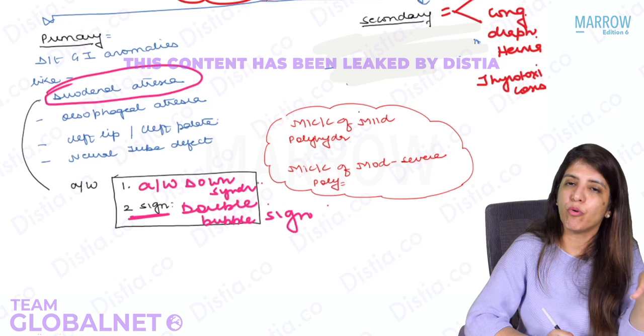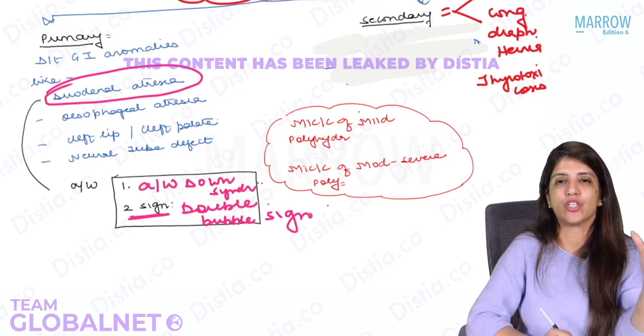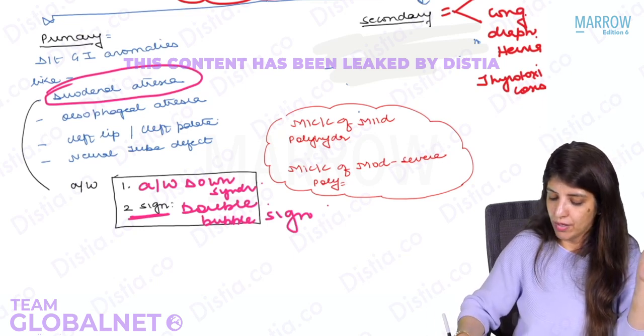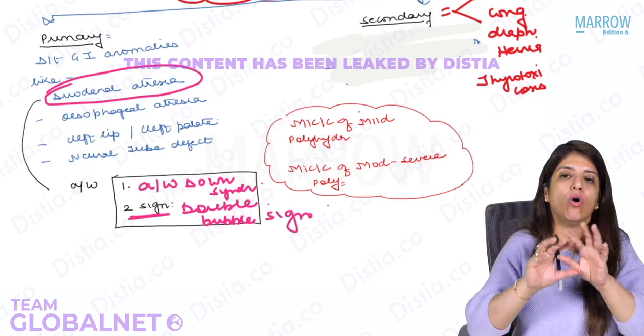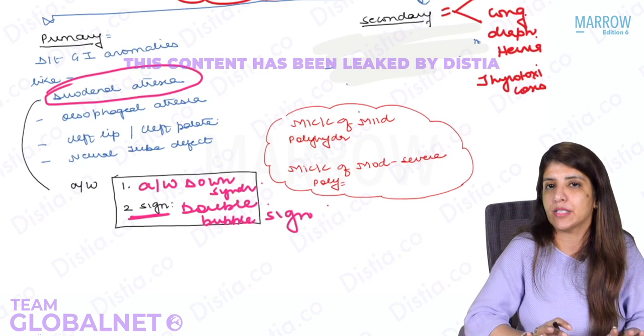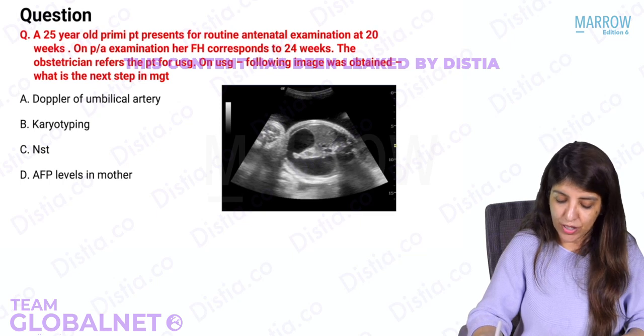Now, these 3 points can be twisted in the form of a clinical based question and they can ask you. So let me ask you a clinical based question where all these points have been combined together and a clinical vignette has been made. There is a 25-year-old primary patient who is presenting for routine antenatal examination at 20 weeks.